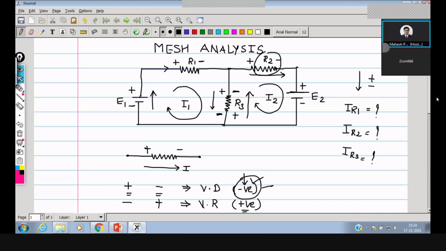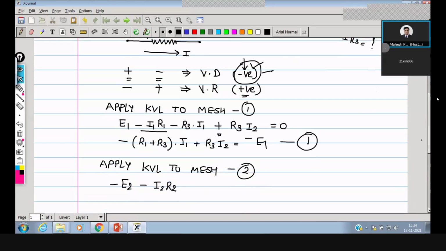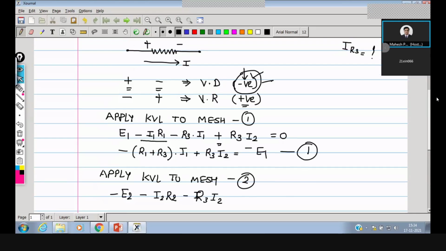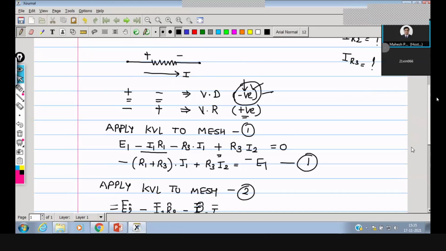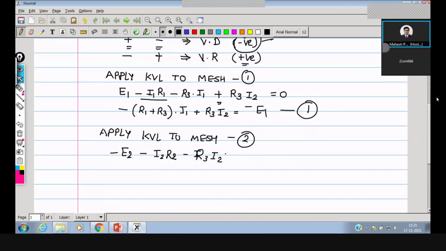Then, plus R3 I1, and here it will be plus because the assumed direction is from bottom to top and it is plus and minus. So here we consider it as plus R3 I1. Clear? I think it is very simple to understand.